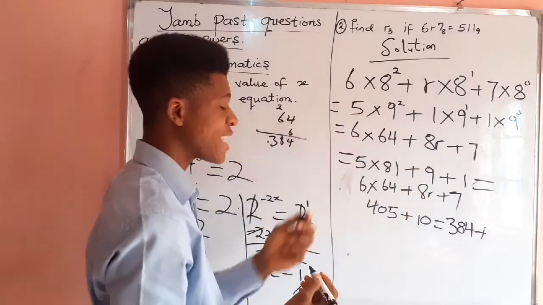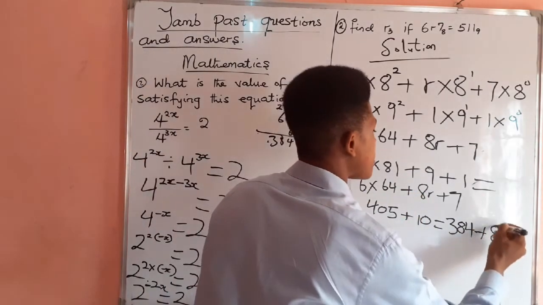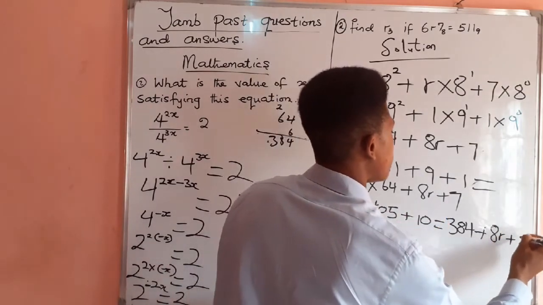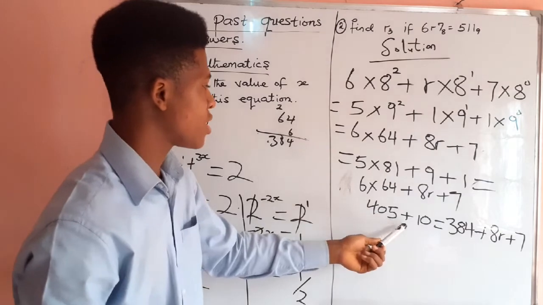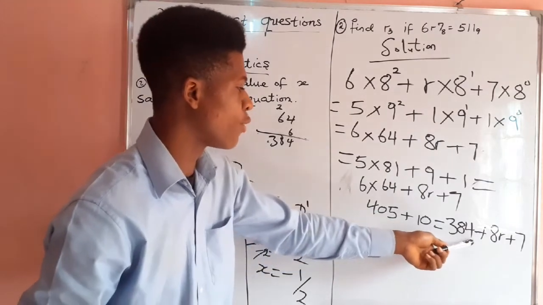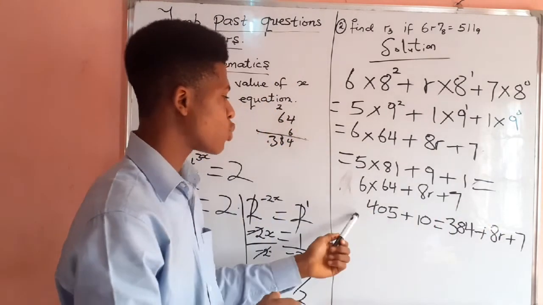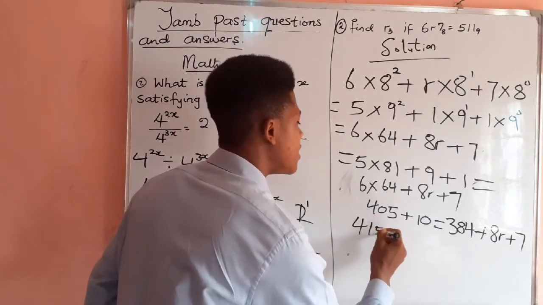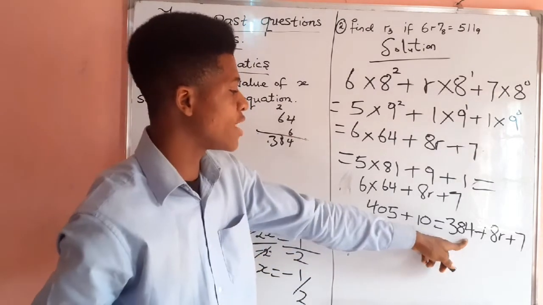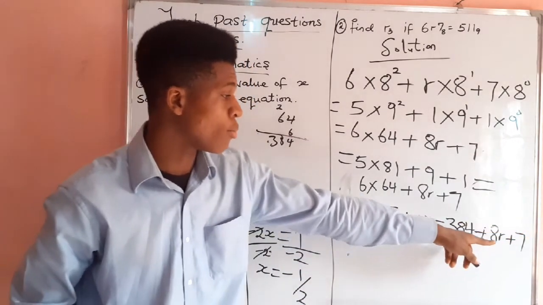What do we have next? 8r, right? 8r plus 7. So we have 405 plus 10 is equals to 384 plus 8r plus 7. Of course, we know 405 plus 10 is the same thing as what? 415. Is equals to 384 plus 8r plus 7.